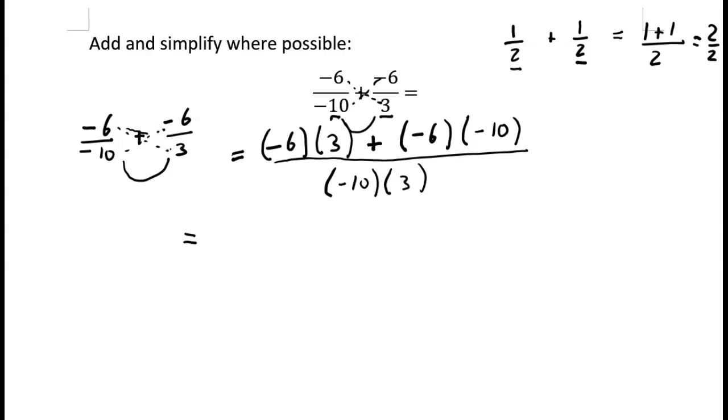-6 times 3, that's the first part. That gives us -18. I just put a bracket in so that we see where this comes from. Plus, we've got -6 times -10. So -6 times -10 gives us +60.